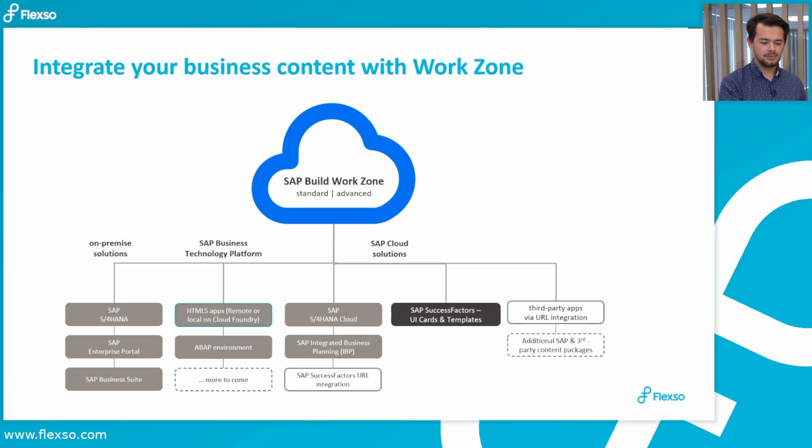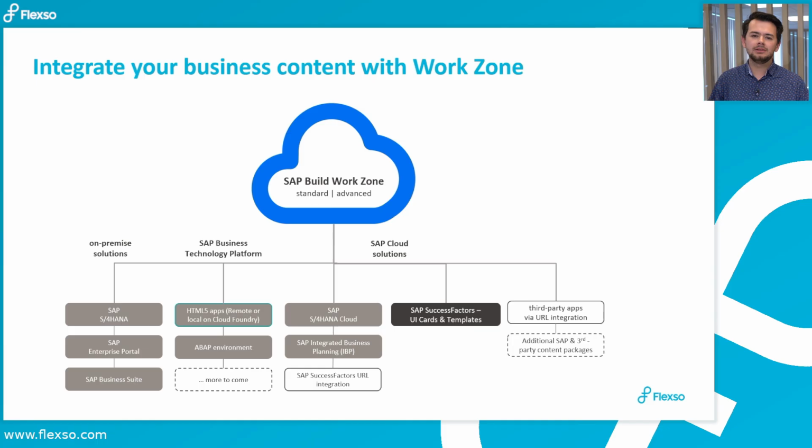So let's have a look first at integrating your business content into Workzone. For this, a little bit of theory, it's good to know that SAP helps you with this. There are several products that are already ready to just consume into Workzone. Like S4 can just expose content to Workzone that you can then easily integrate into your Launchpad. So that's a really easy setup. Next to that, for some products, like for example SuccessFactors, you still have to do it in a manual way.